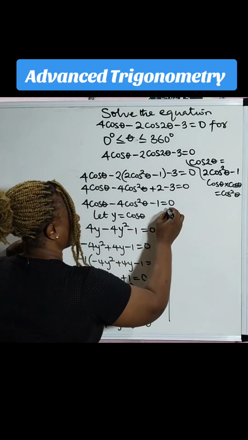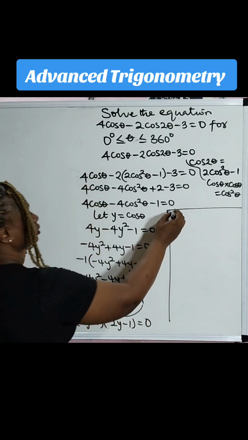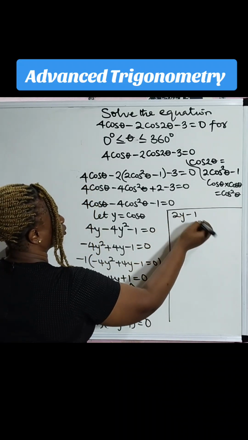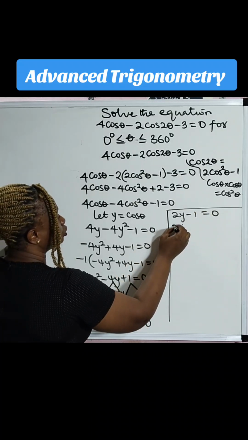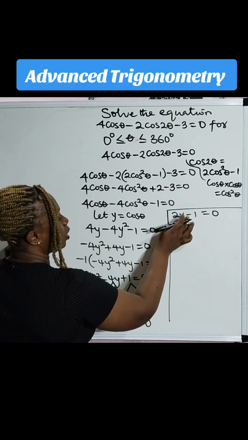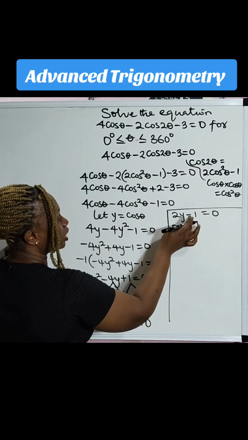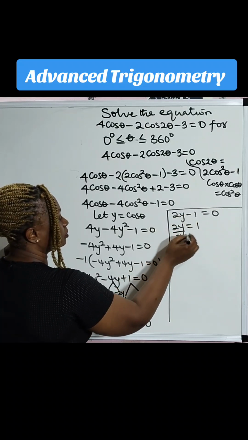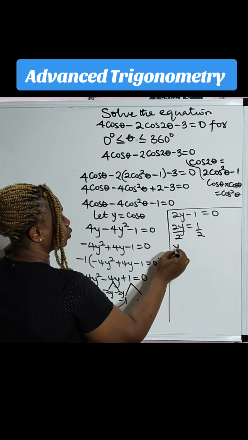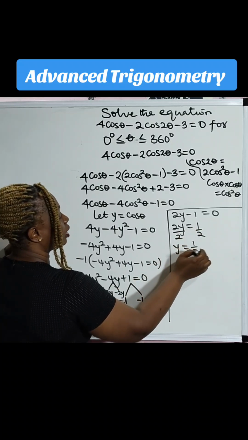So from here, we now have that 2y minus 1 is equal to 0. So 2y is equal to 1, minus 1 crosses and is changed to plus, we have 1. Divide both sides by 2. We now have that y is equal to 1 over 2.